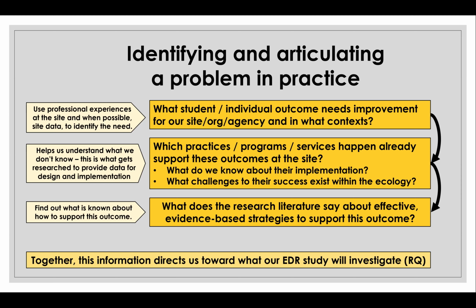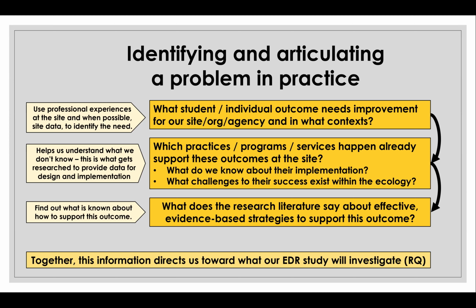The final part of identifying your problem in practice is to look in the literature about what effective practices have already been identified related to this problem. So if we've got our 18 to 21 program in this example, and we're really looking to build our students' work readiness skills, maybe soft skills, their task management skills, self-management skills, and we look in the literature and say, well, I'm not the first person to have this problem, right, with a site.